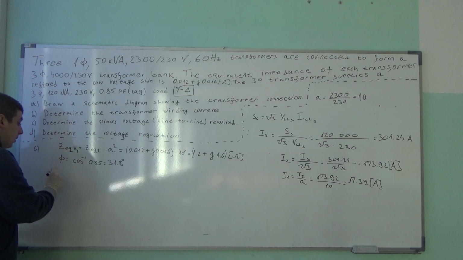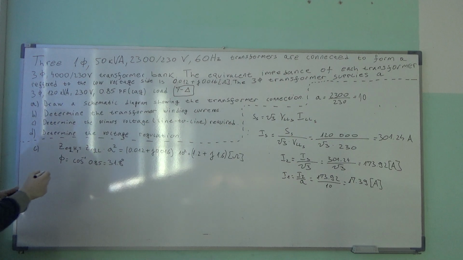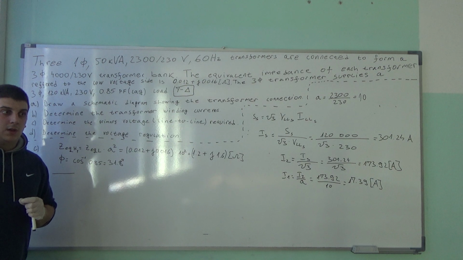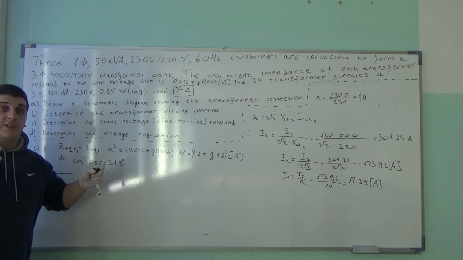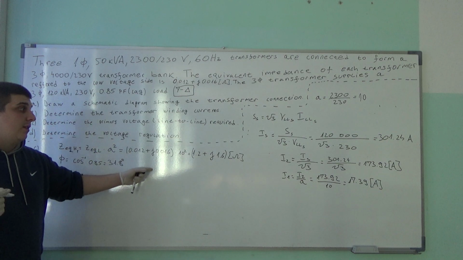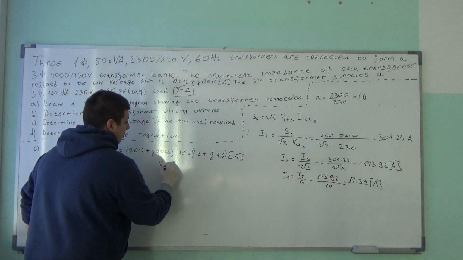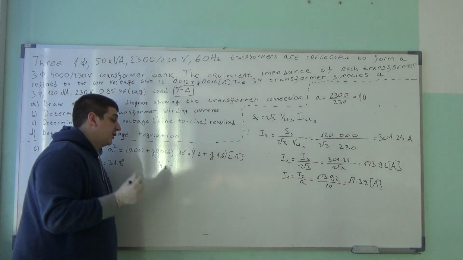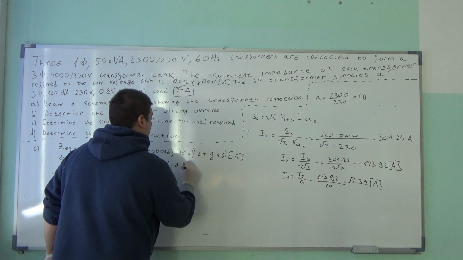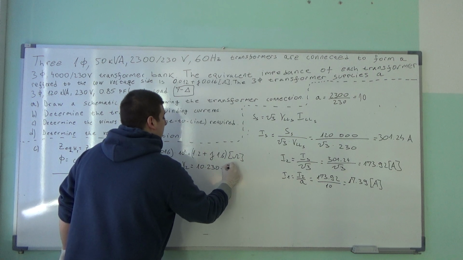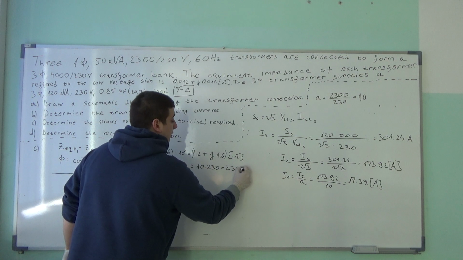Okay, now how does this look? Of course, if we are transferring all from the low voltage to the high voltage side, then V2 prime, the low voltage side referred to the high voltage side, is equal to A times V2, and that is equal to 10 times 230, that is equal to 2,300 volts.